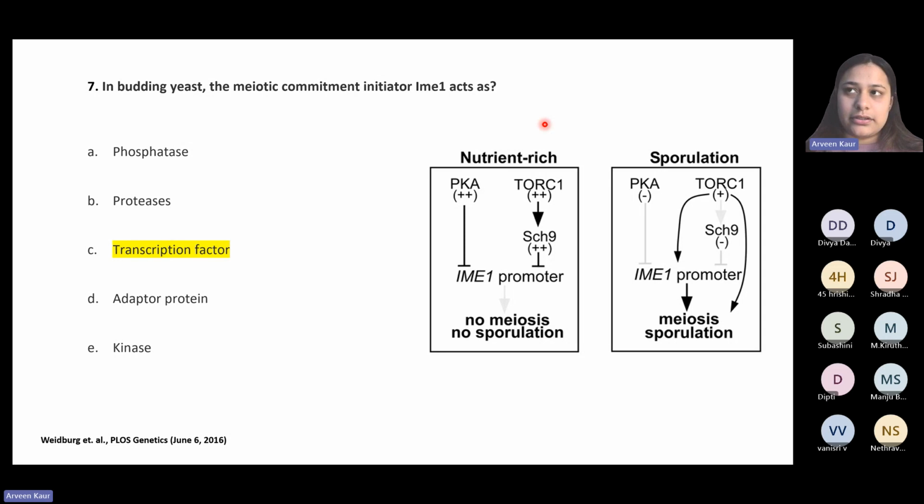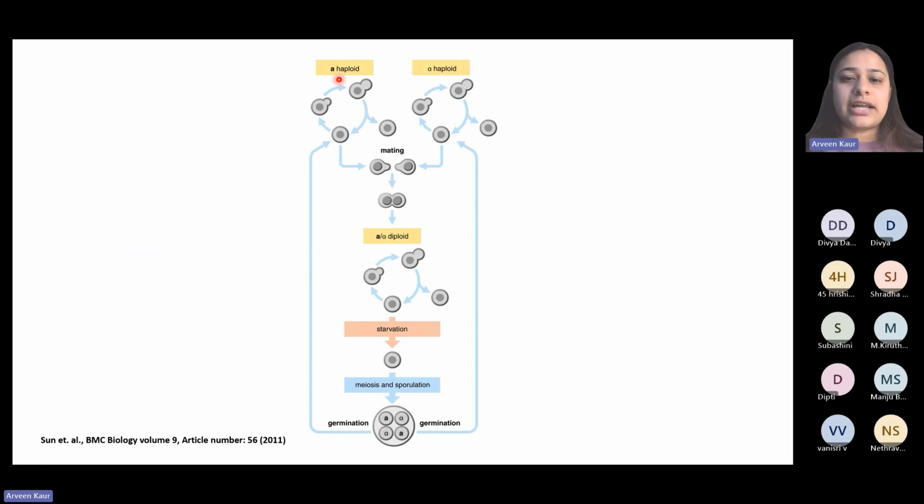So this is not costing much in terms of energy, nutrients required, or the general supply of proteins within that organism. It might not be that energy intensive, right? So that is why usually the yeast, which can reproduce both asexually and sexually, will continue to reproduce asexually if the conditions are favorable, right?